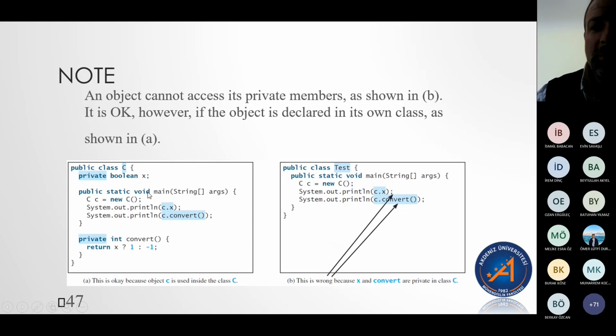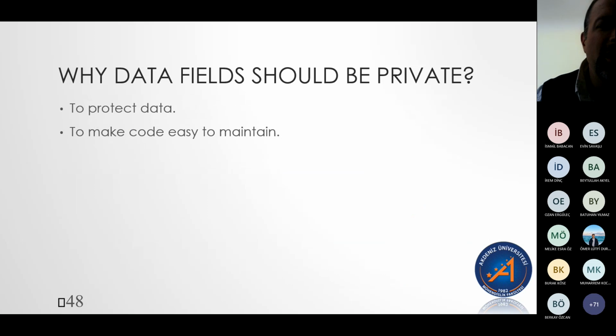This becomes important because the question is, why would we want to declare data fields private in the first place? Well, we might not want to give users an opportunity to change data fields to whatever they want them to be. If we had a data item, let's say you had a class called product.